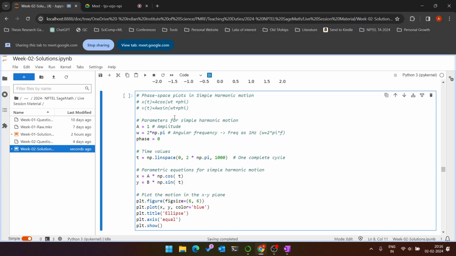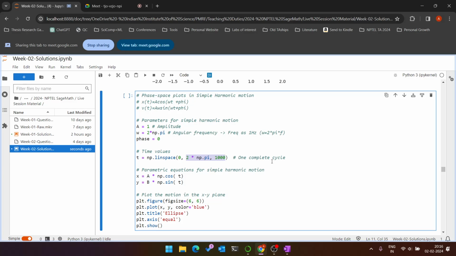So I have a very simple equation, and then I vary my time. My frequency is 1 hertz, which means that my particle will complete one cycle within 1 second.